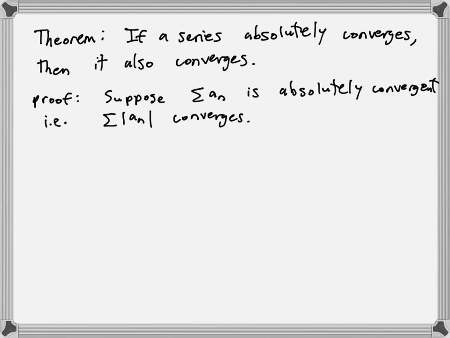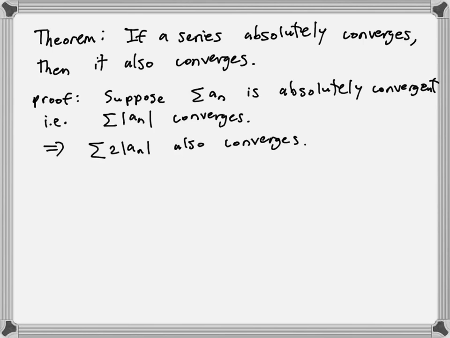So where do we go with this proof? Well, if this guy converges, then multiplying it by 2 also converges, so this guy also converges. I'm going to store this fact away for a second.